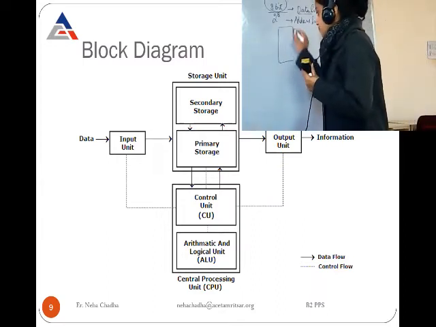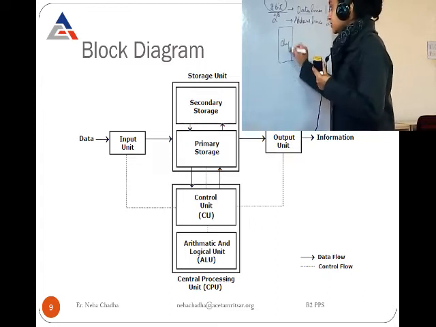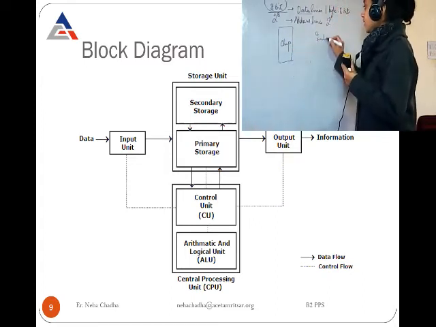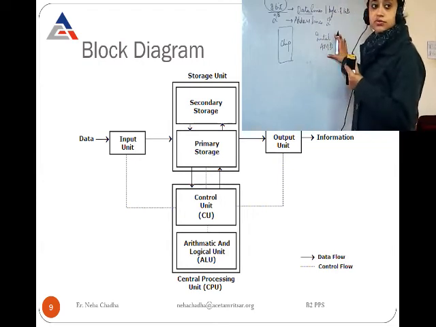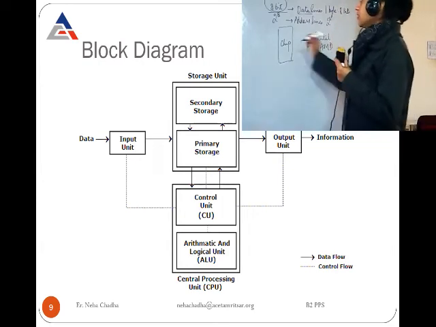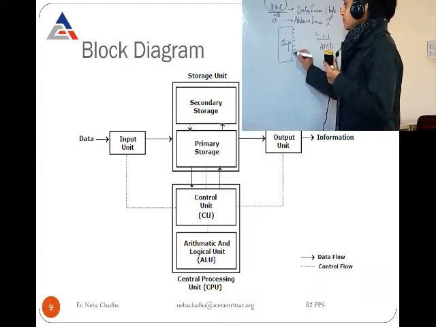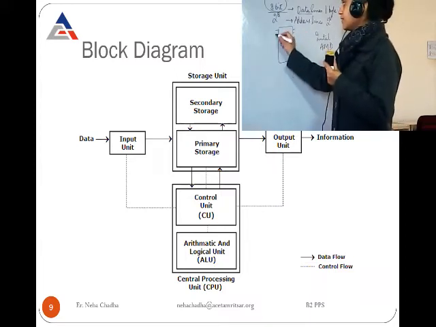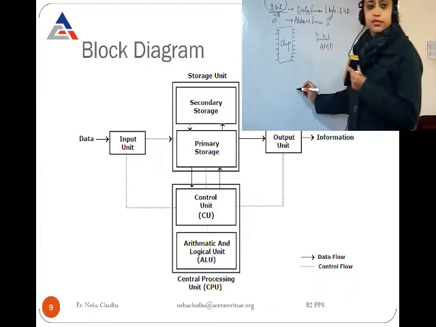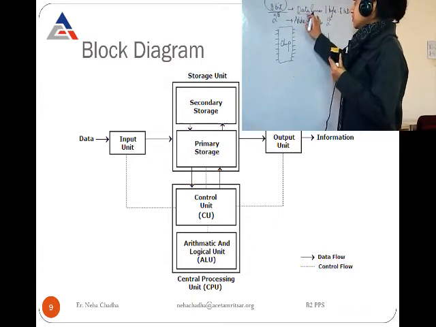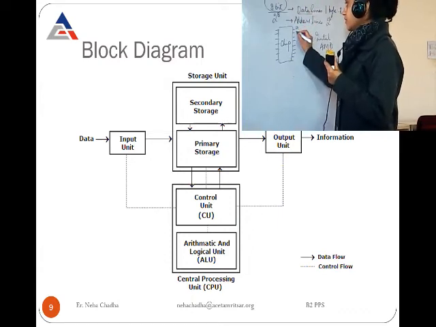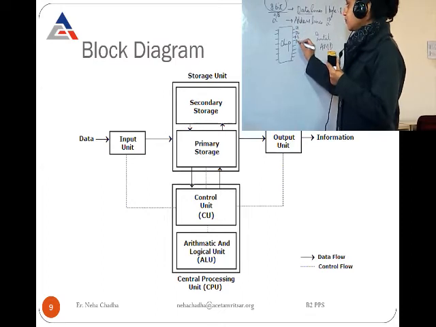If I say processor, then the processor is a chip which is generally developed by Intel or AMD. These are the main companies who manufacture your processor. These types of pins are there. I'm drawing a very rough layout here. For an 8-bit processor, there are 8 data lines: D1, D2, D3, D4, D5, D6, D7, D8.